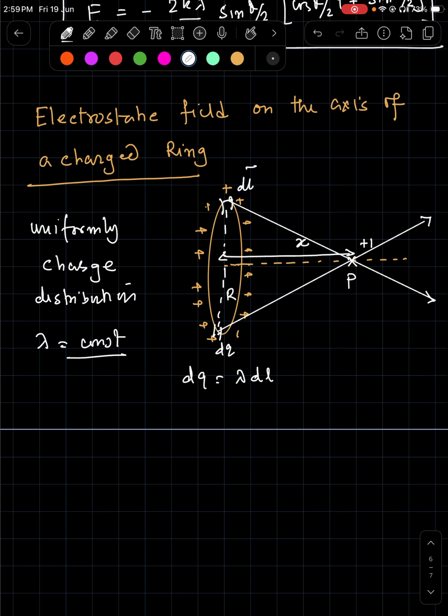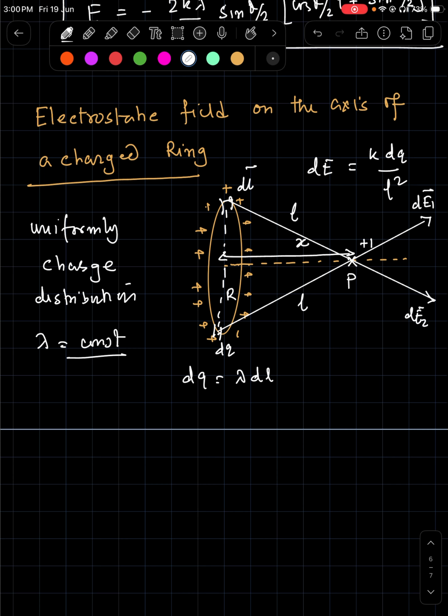Because the distance from both line elements to the point P is L. We know the magnitude is given by dE, that is k dq by L square. So both electric fields are the same in magnitude, but their directions are different. I have taken this electric field as dE1, and that as dE2.